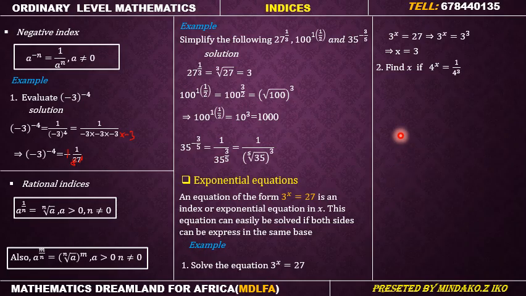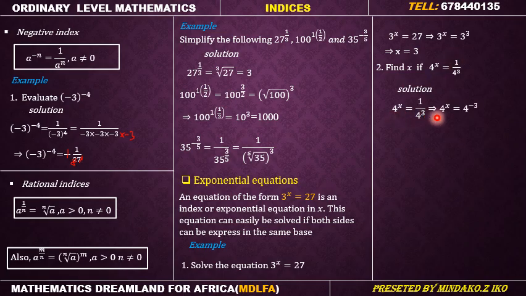Let's check example 2. Find x if 4 power x is equal to 1 divided by 4 power 3. We are going to apply this law here, since we have 1 divided by 4 power 3, which is simply equal to 4 power negative 3.